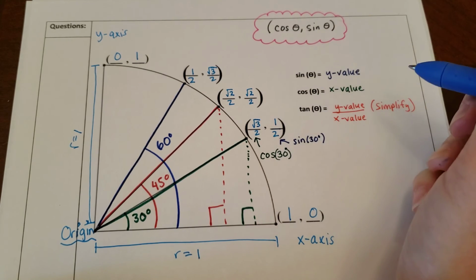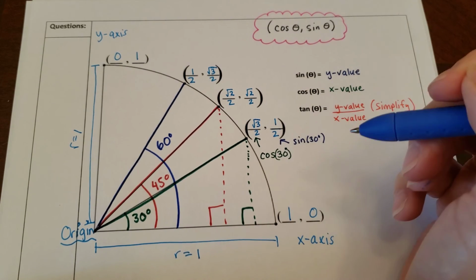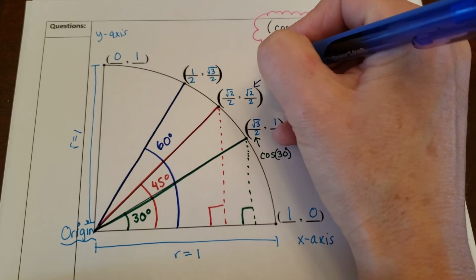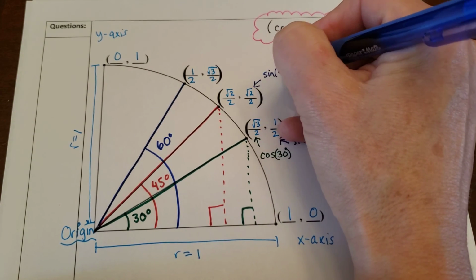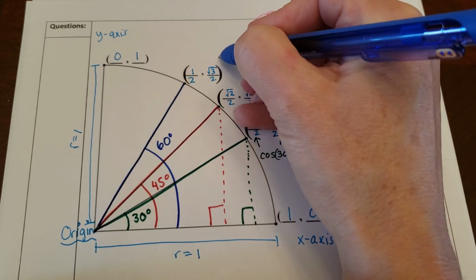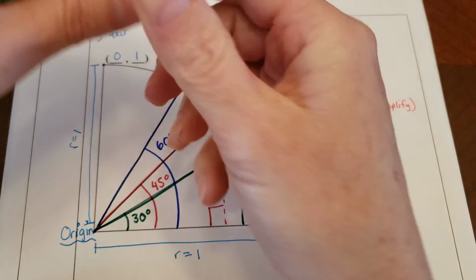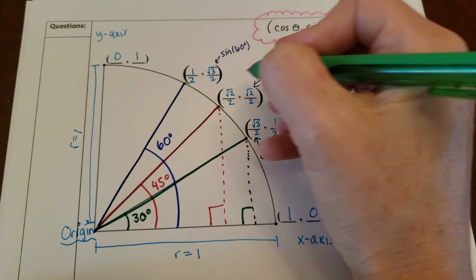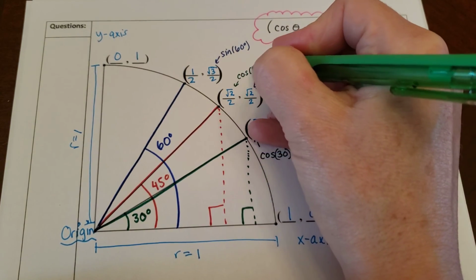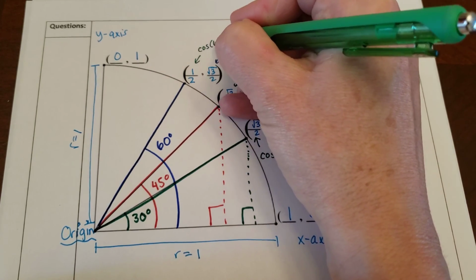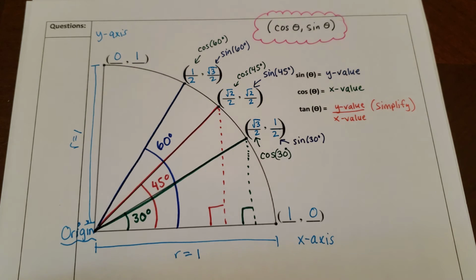I'm going to label these so we can get acquainted with the unit circle so that we can use it. So this here is going to be our sine of 45 degrees. This will be our sine of 60 degrees. Here will be our cosine of 45 degrees and our cosine of 60 degrees.